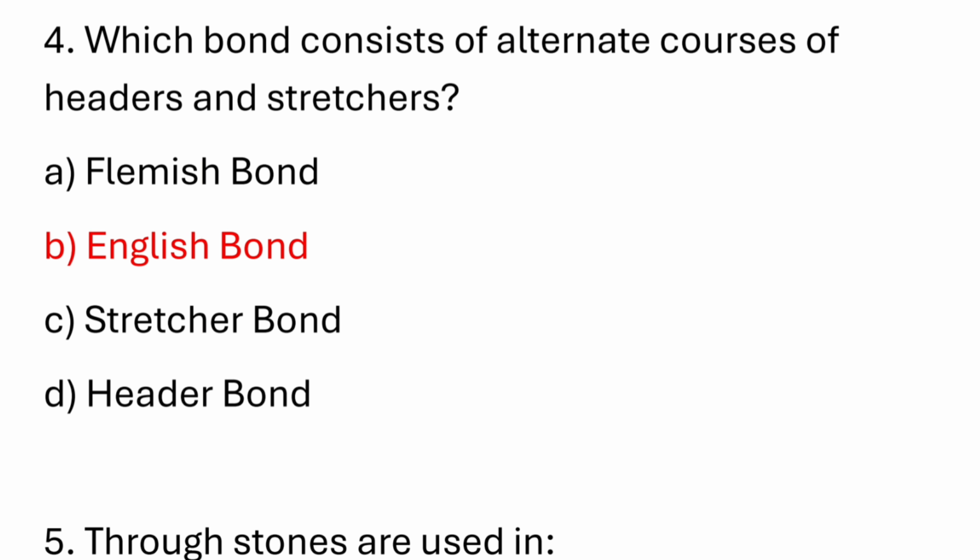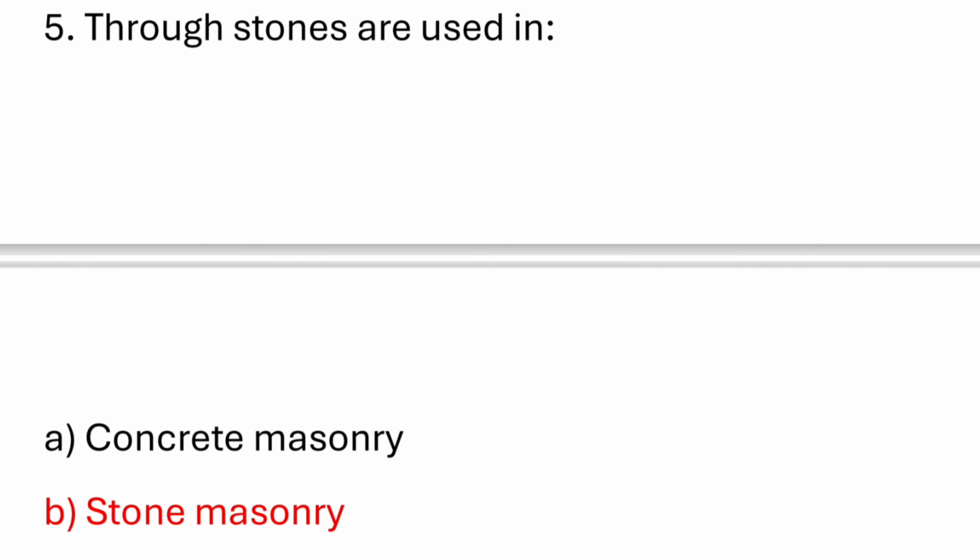Which bond consists of alternate courses of headers and stretchers? The answer will be English bond. Throw stones are used for option B, stone masonry work.